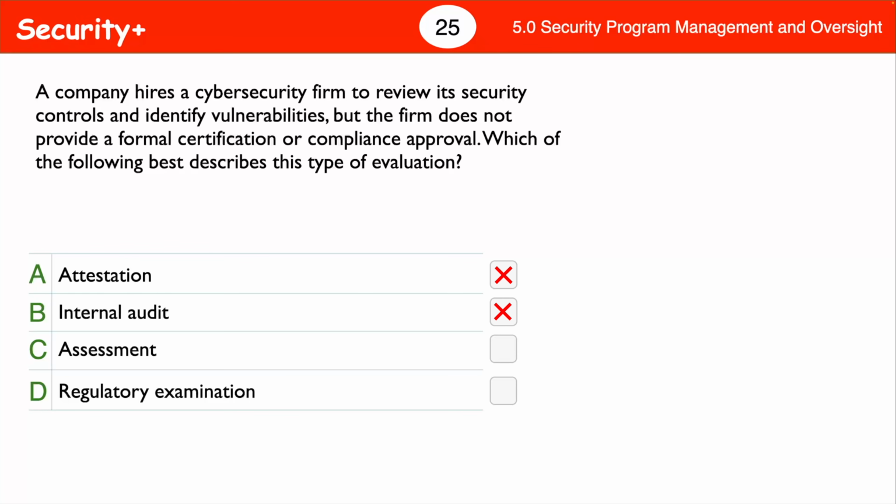With that said, we can rule out D, regulatory examination. This is conducted by a government agency or compliance body, but the scenario involves a hired security firm. And that leaves us with C, assessment. This is just an evaluation of security controls without providing compliance certification.